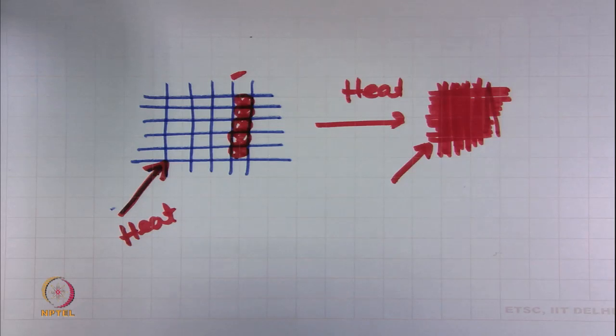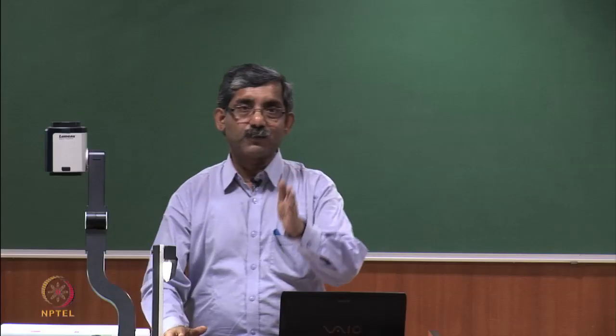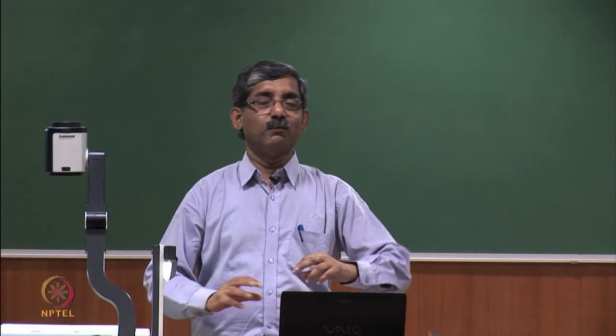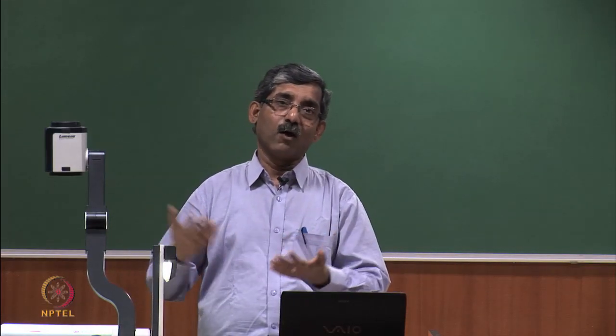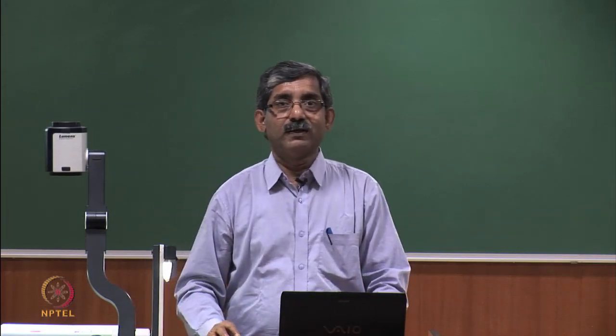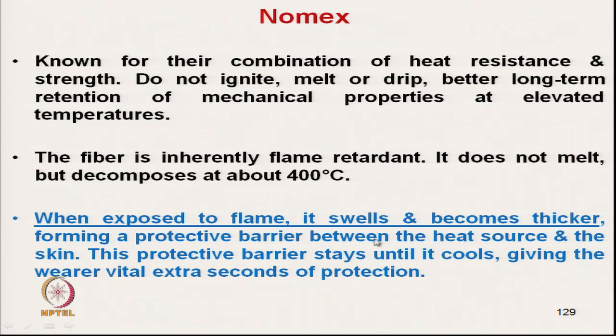The radiative heat flow through the open space will be much higher than through a compact film. So, when exposed to flame, it swells and becomes thicker, forming a protective barrier between the heat source and the skin. This protective barrier stays until it cools.